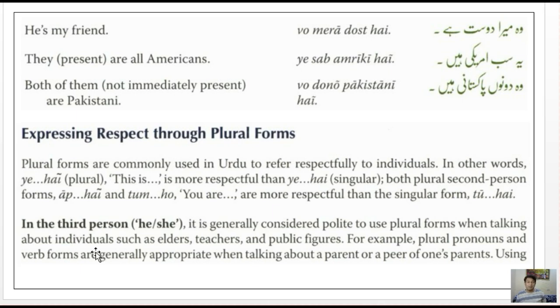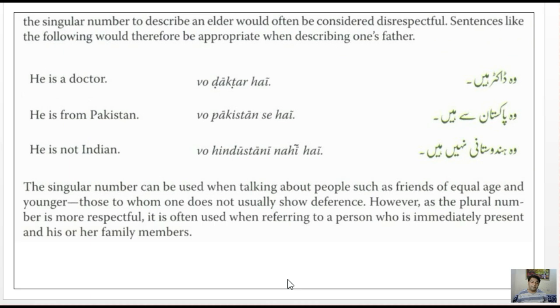For example, plural pronouns and verbal forms are generally appropriate when talking about a parent or a peer of one's parents. Using the singular number to describe an elder would often be considered disrespectful.